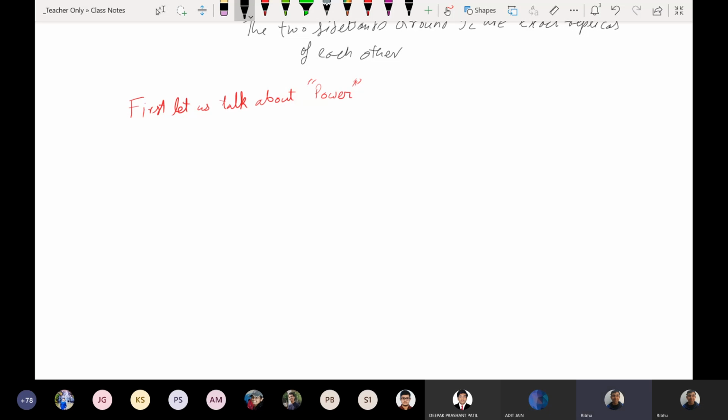So first we talk about power, and in order to save power, let's say that s(t) equals... Instead of doing what we did earlier, let the modulated signal be this.